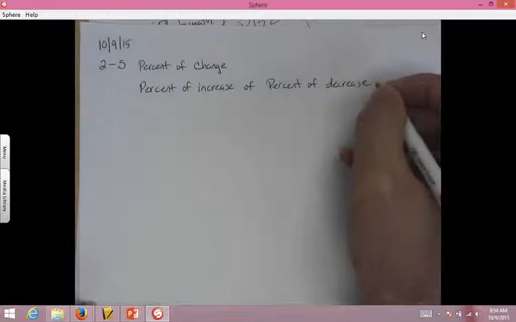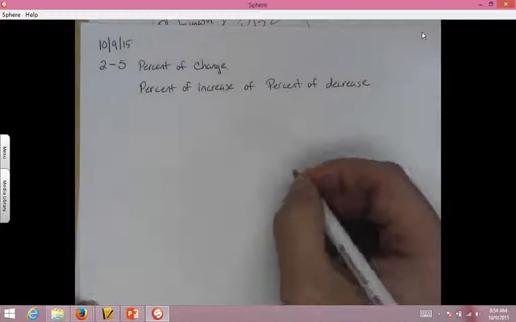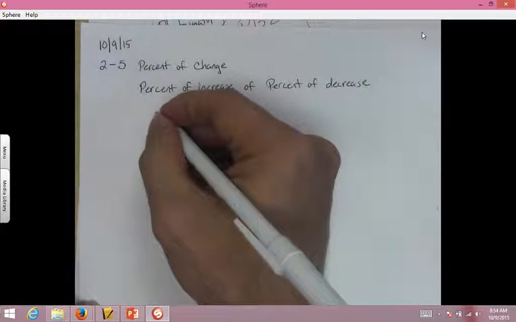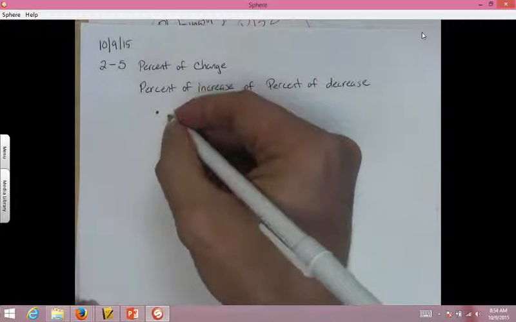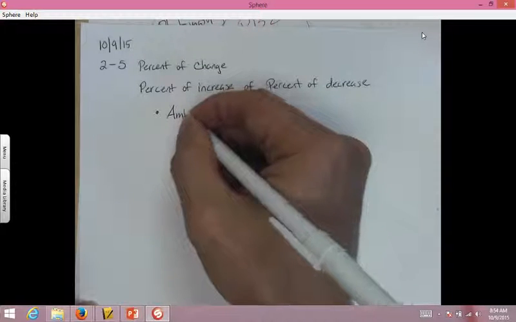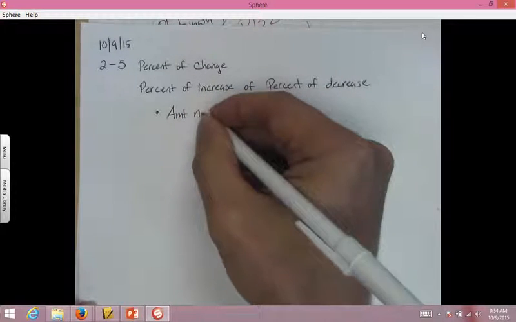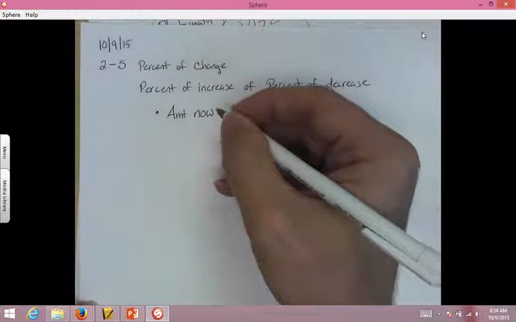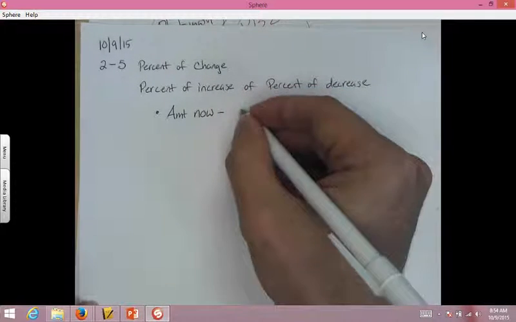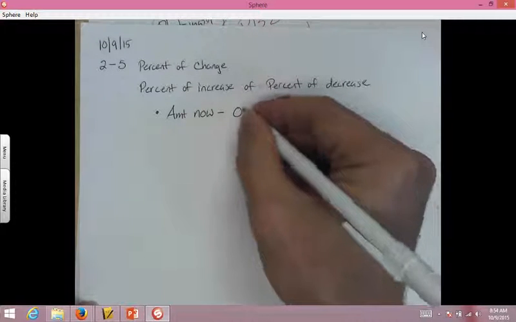Another way to think of this is by what percent did something go up or down. The formula for finding this is we're going to take whatever the amount is now. So an example of that would be current price minus whatever the old or original amount was.